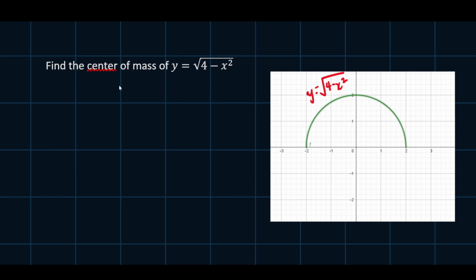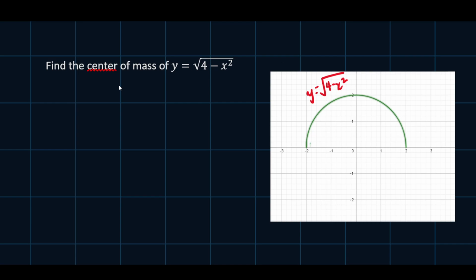Okay, so consider this example here. We want to find the center of mass of y equals square root of 4 minus x squared. The graph is given here, and you can see on the right, it's actually just a semicircle of radius 2.